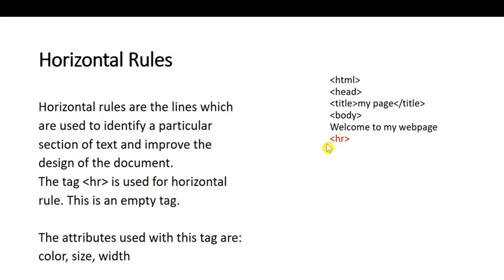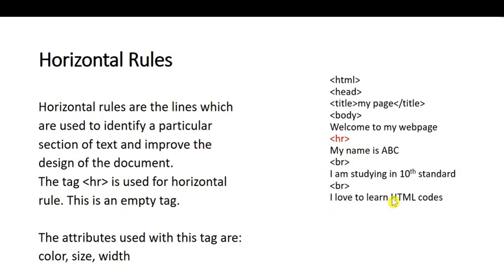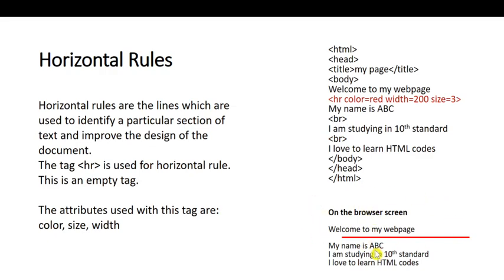We are telling the browser to display the horizontal line by applying this HR tag. Then comes my name is, and all this text. After this text, the closing tags for body and head, and this is how it appears on the browser.